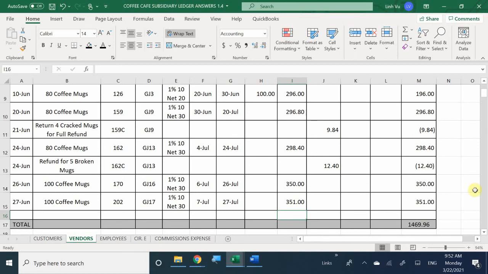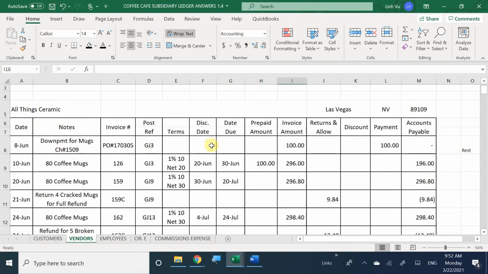So we owe All Things Ceramics in grand total 1469.96. And let's take a look. When are these all due? Most of them not till July, but one is due June 30th. Correct. We got to keep an eye out on this one and make a payment before June 30th because we are obligated to do it.